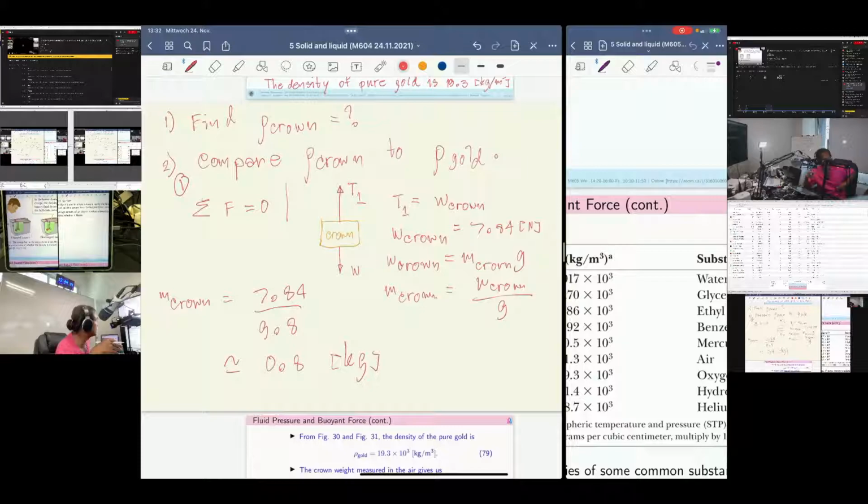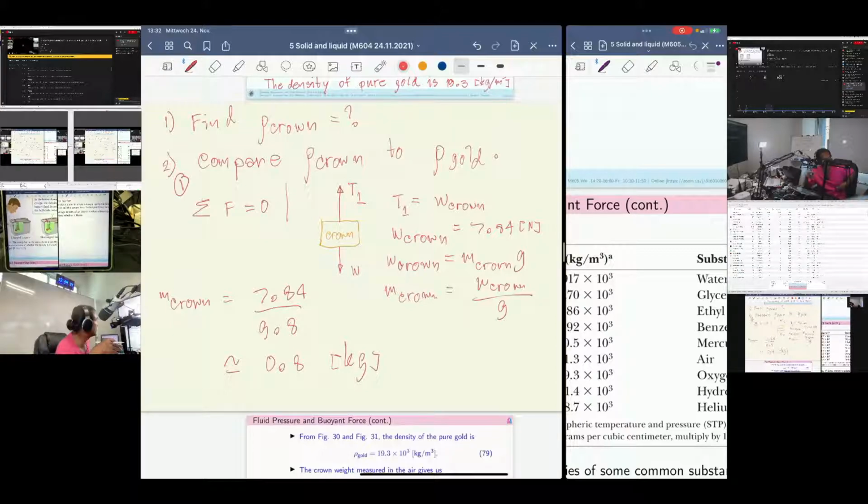This lady is quite clever. She just leaves it inside the liquid, okay, and sees the difference, okay. And by using the physics principle, okay, let's get back to our story.